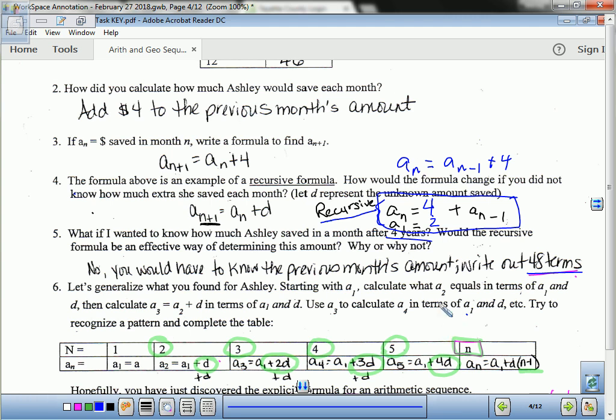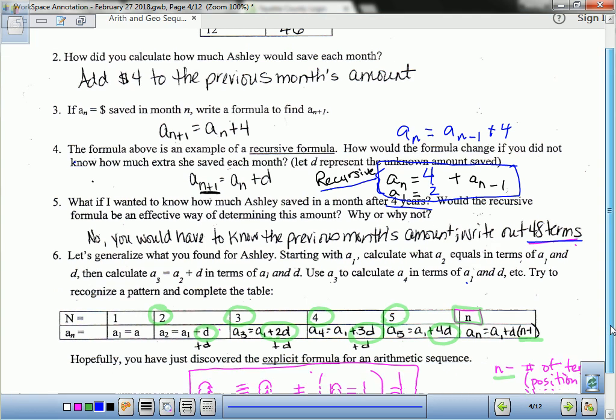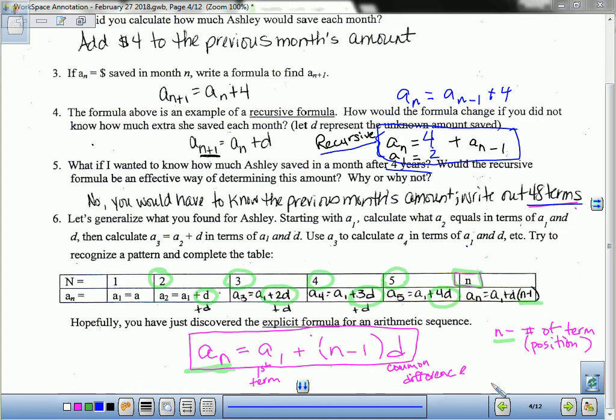Then all this was specific to this first problem. And we talked our way through this, and we developed this formula, and we talked about all the parts yesterday. This A sub 1 represents the first term. If you want to add that to the little notes we just did, that's fine. D represents that common difference.